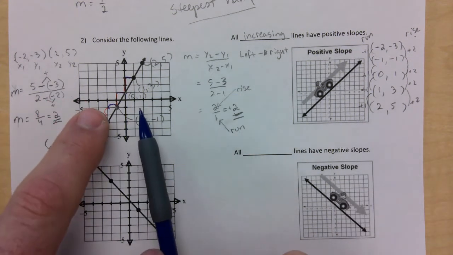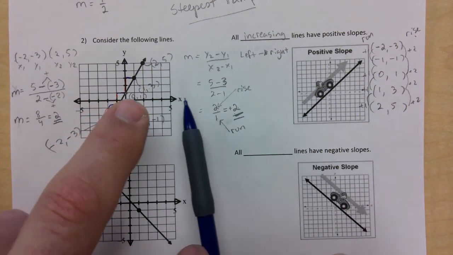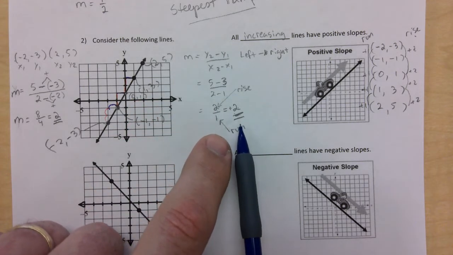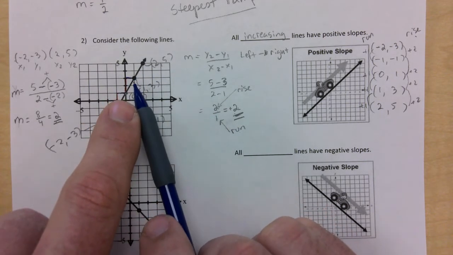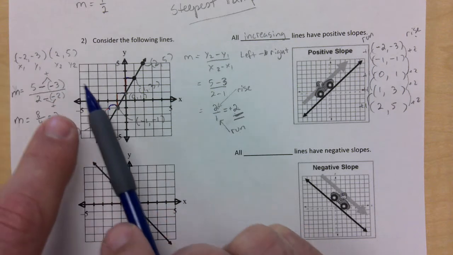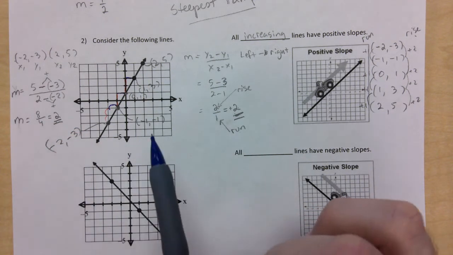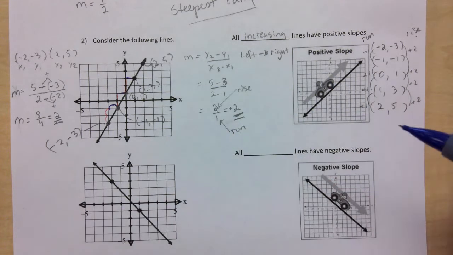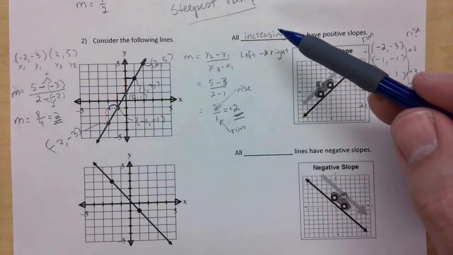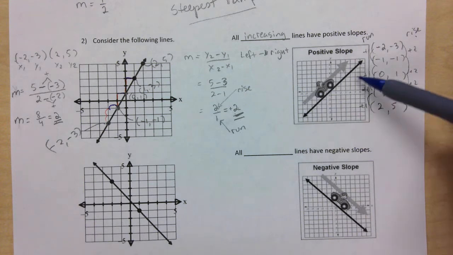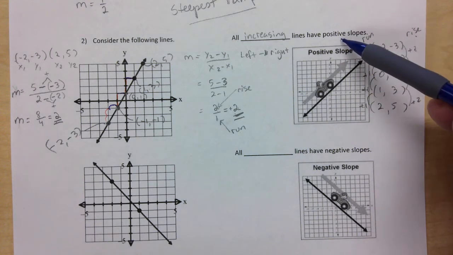So from the graph, we calculated our slope using 2 points that were right close to each other, and then we figured out the slope using 2 points that were a little further apart, and we came up with the same conclusion. And we concluded that when the line is increasing from left to right, then you have positive slopes.